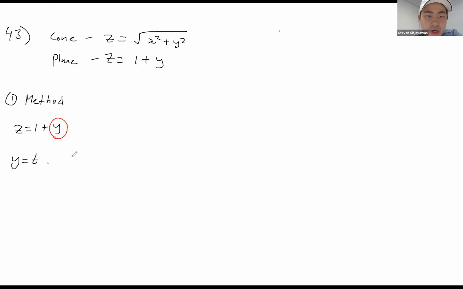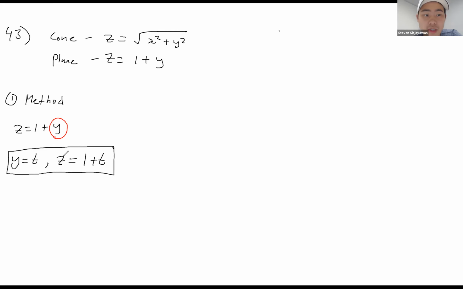And since z is dependent on y, z is going to be 1 plus t. So just from the plane equation, I can formulate both the y component and the z component of the curve of intersection.